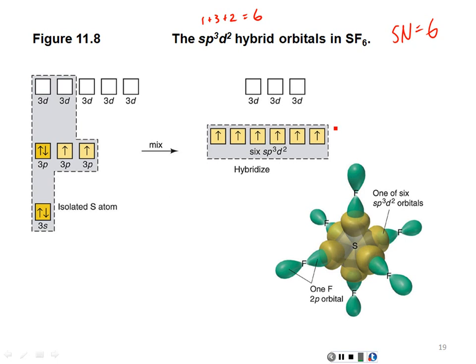Sulfur comes with 6 valence electrons, and that is good to put 1 in each of the 6 sp3d2 hybrid orbitals that are formed. And this molecule forms what's known as an octahedral molecular geometry.